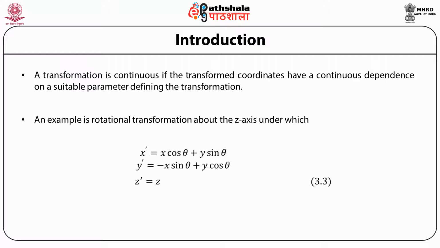So consider a vector r to be rotated about the z-axis by an angle theta. The x component of the vector r goes to x prime given by x cosine theta plus y sine theta. y prime goes to minus x sine theta plus y cosine theta, and the component z prime remains the same.